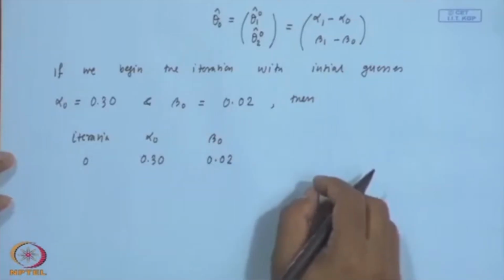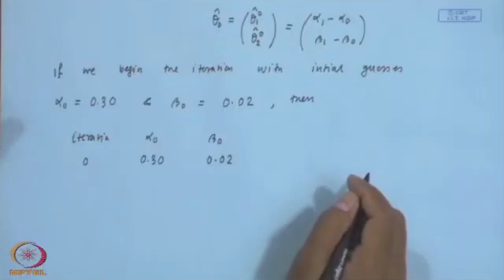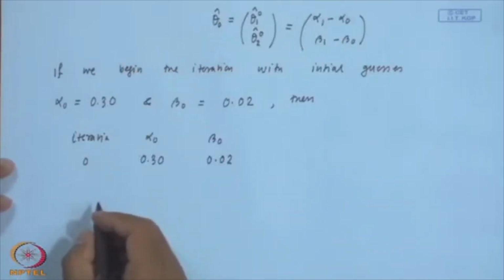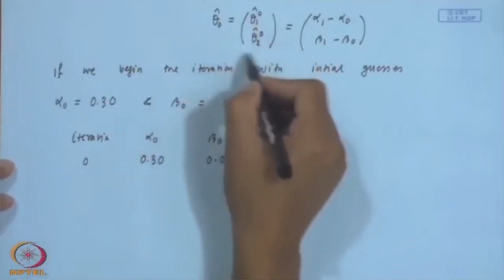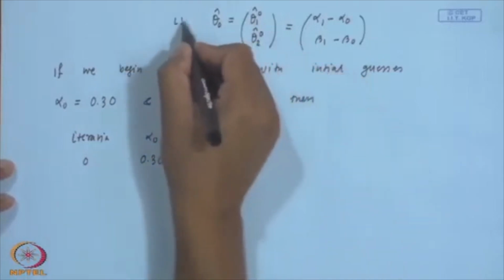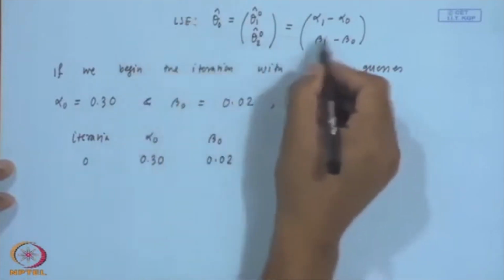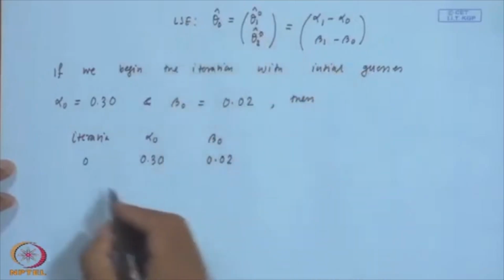So, once we have the linear approximation of the function using the Taylor series, then we use the least square technique to estimate the parameters. This is how we got the least square estimation of the parameters theta.